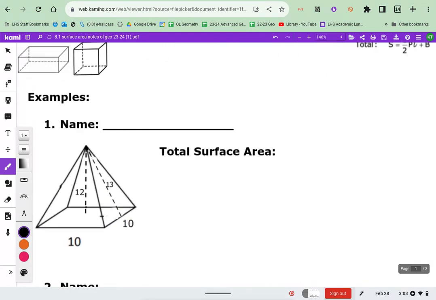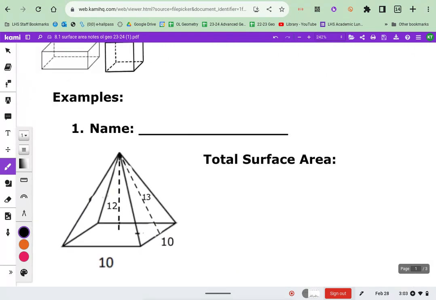So first, do you guys remember the name of this shape? A pyramid, and we'll call it a square pyramid because the base is a square. I know that because it's 10 by 10, which means all the sides are the same. So the first thing I do is go to my formula chart and write down the generic formula.